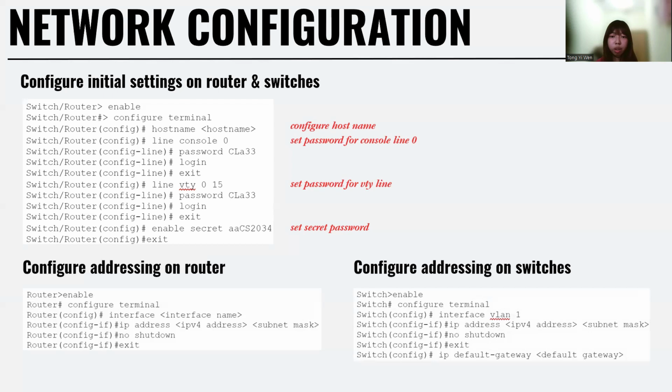Next is to configure addressing on switches. We type the command enable, then configure terminal, then type interface VLAN1, then type the same as on the router to set the IP address. Then set the default gateway on the switch. Use the command ip default-gateway, followed by the default gateway IP.